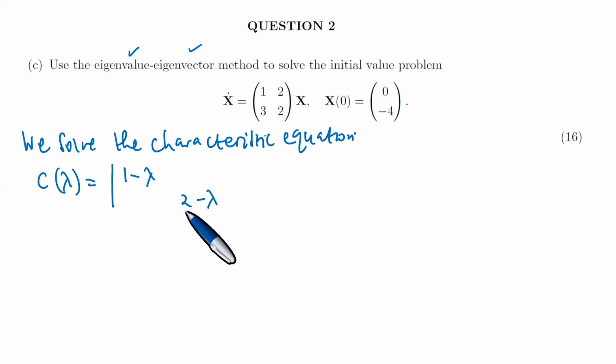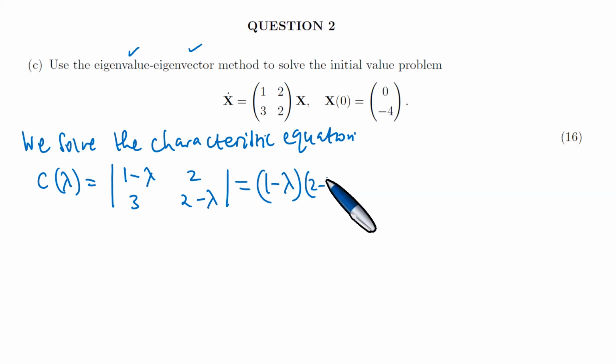Of course, you remember that from linear algebra: we just subtract lambda from the main diagonal entries and the other entries remain the same. In which case, you have (1 minus lambda)(2 minus lambda) minus 6.